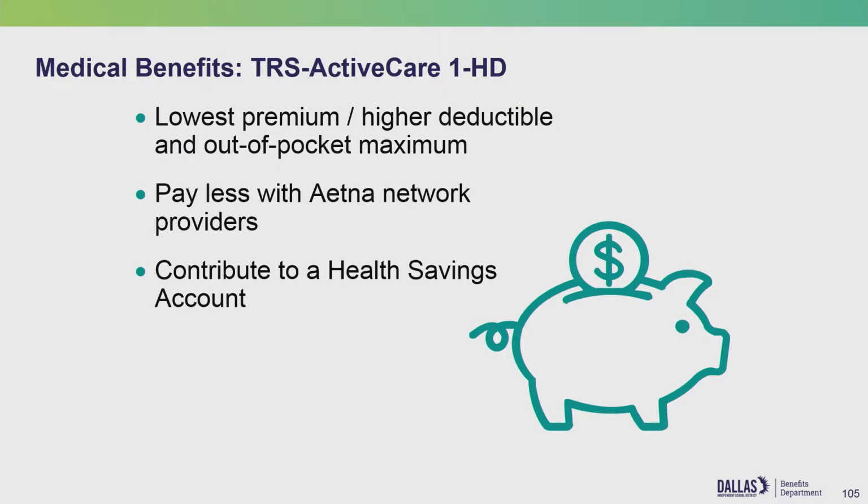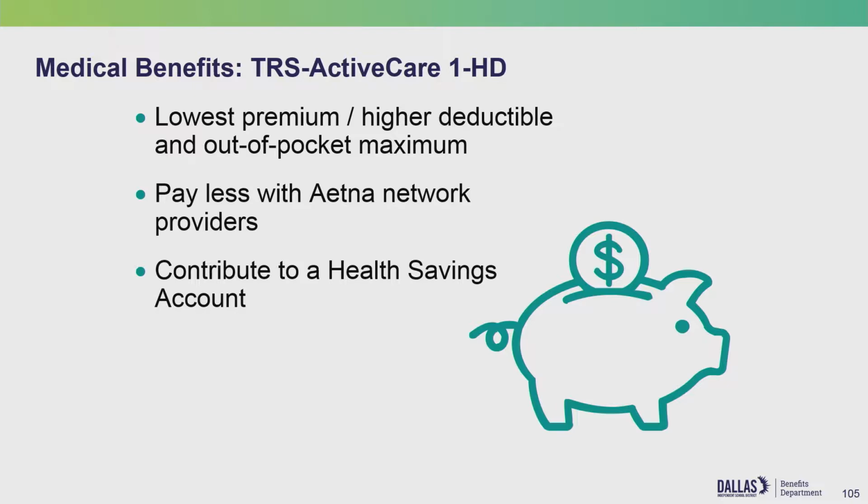So the first plan I want to talk with you about is the TRS-ActiveCare 1 HD plan. This particular plan allows you to pay very low premiums out of your paycheck. That is a plus for many employees. However, you do have to meet a higher deductible. That part comes out of pocket.